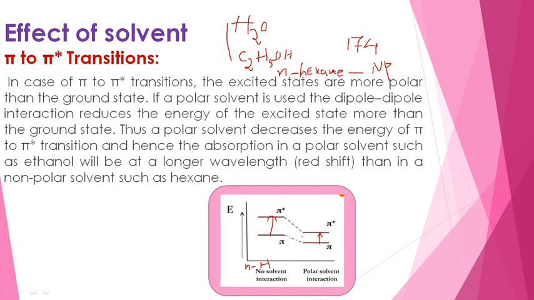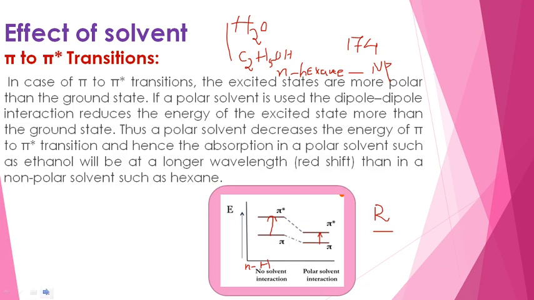That means you are finding a bathochromic shift or red shift. So due to the influence of polar solvent on the pi to pi star transition, you will find a bathochromic shift or simply red shift. For the case of ethylene, and for the case of benzene, you will find the same observation. If you substitute the solvent, you find the red shift in the pi to pi star transition.